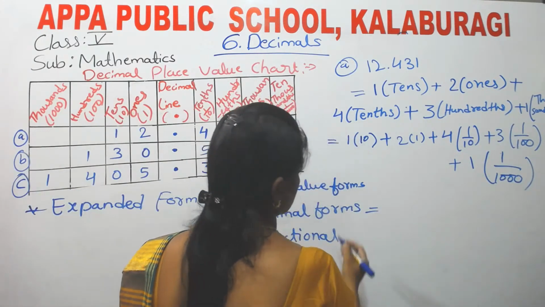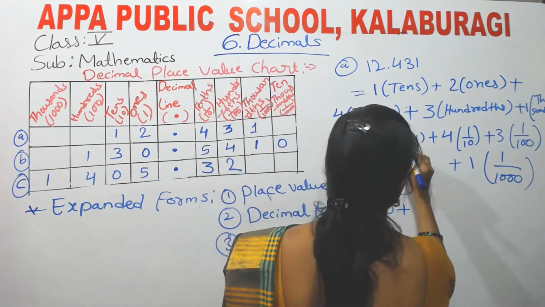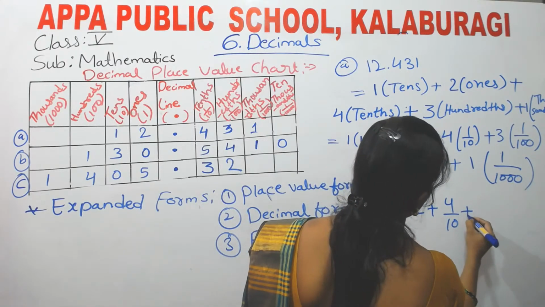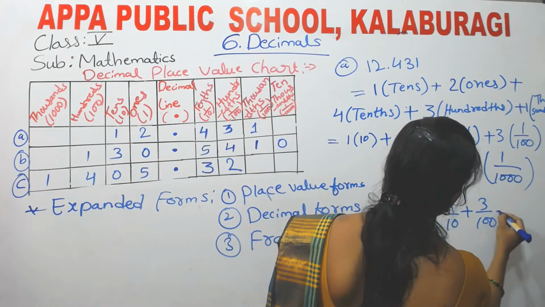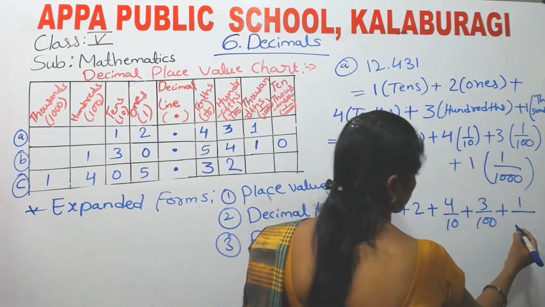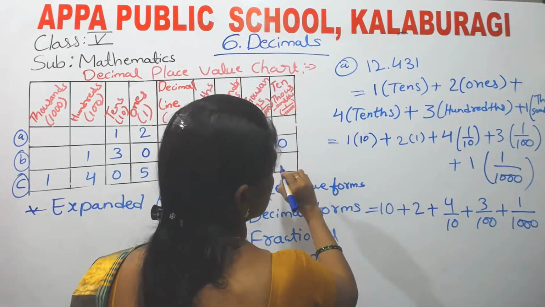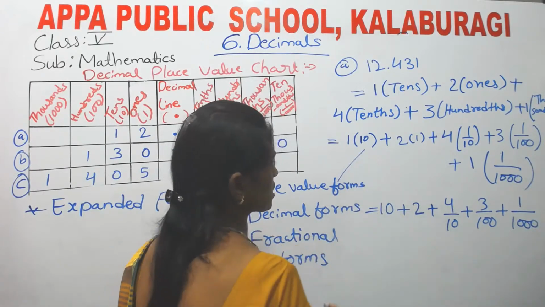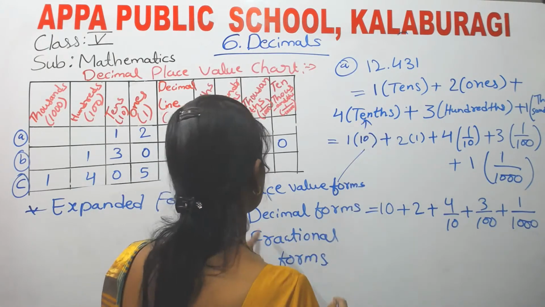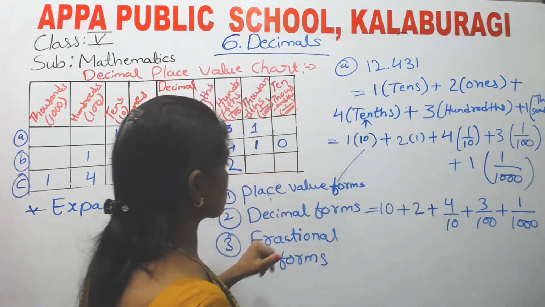Now this is 1 into 10 will get 10, plus 2 into 1 will get 2, plus 4 by 10, plus 3 by 100, plus 1 into 1 by 1000 will get 1 by 1000. Now this is place value form. Place value means these tens, hundreds, thousands. This is place value form.